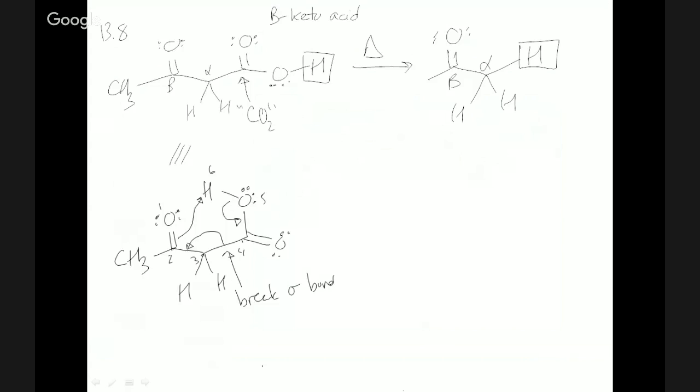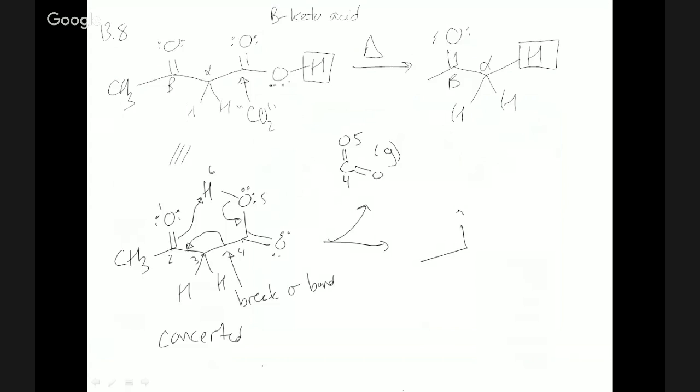These electrons are going up, so we have 3 arrows, and we can show this in a concerted way. This is concerted. We lose CO2. I'm going to draw CO2 in a funny way, even though it's linear. It's a gas, driving off a gas.